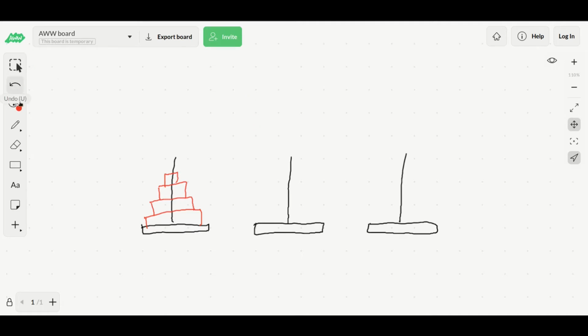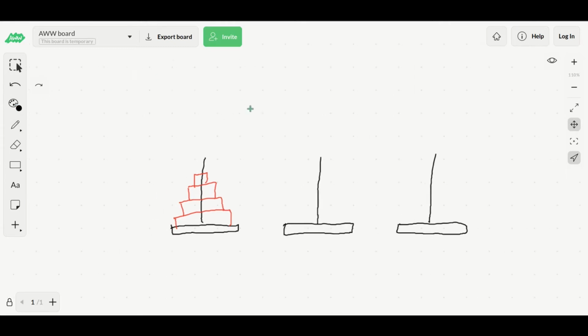So for example, if we had a situation like this, where this was small and this was large, we cannot take this disk from here and put it on top of here, so this is not a valid move.